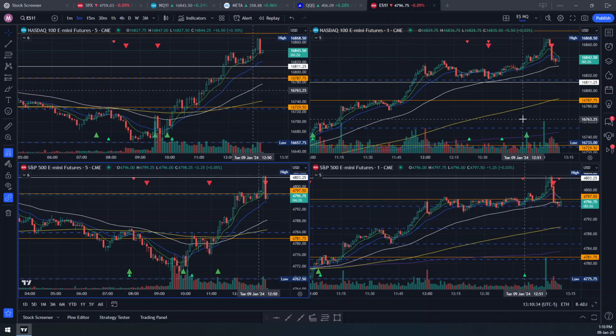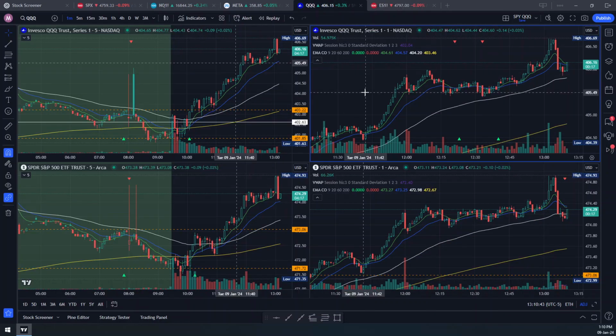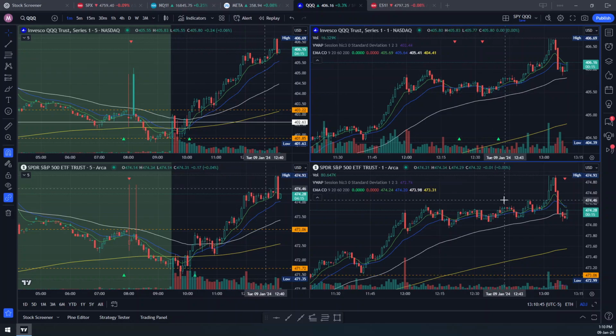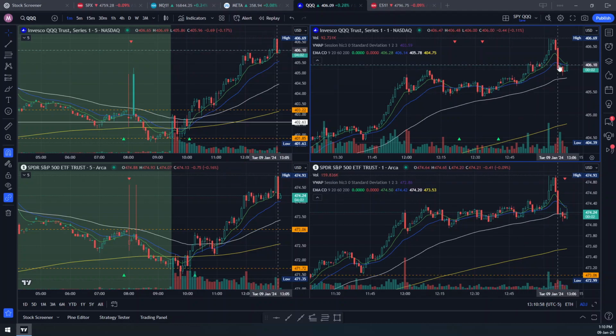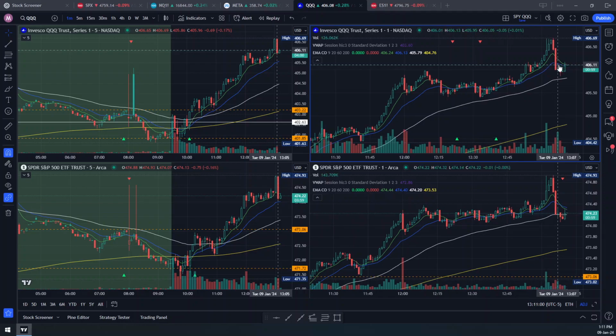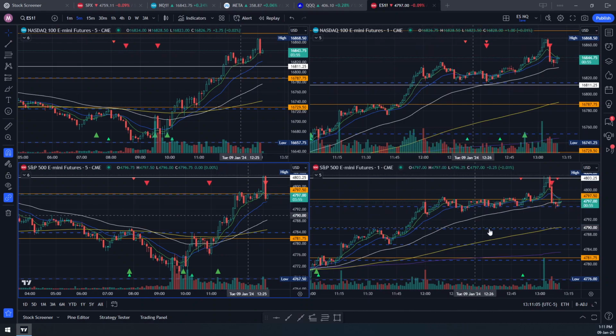But because these two move in sync, I always keep ES and NQ open, as well as SPY and QQQ, because what might be a round number or a level on SPY might not be a level on QQQ, but it will react because SPY is reacting. Similarly, what might be a level on NQ might not be a level on ES, but it will react.